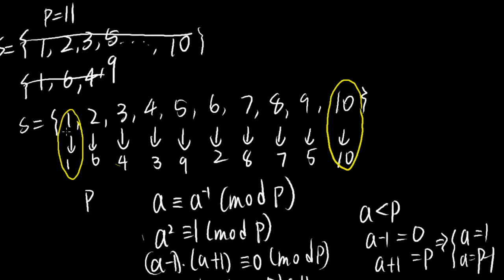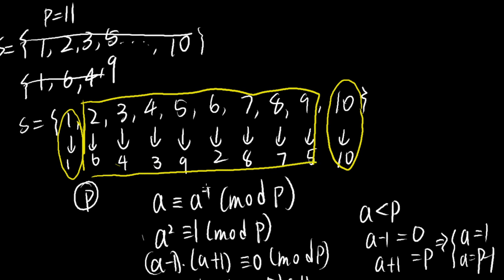So we've proved that for every P, 1 and P minus 1 are the only two elements such that its inverse is itself. And all the other elements have a different inverse than itself.